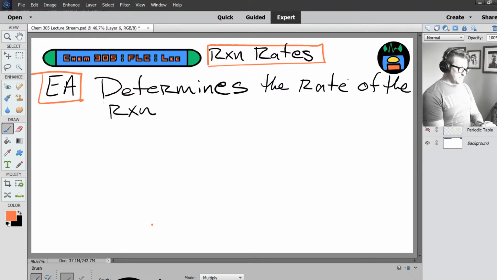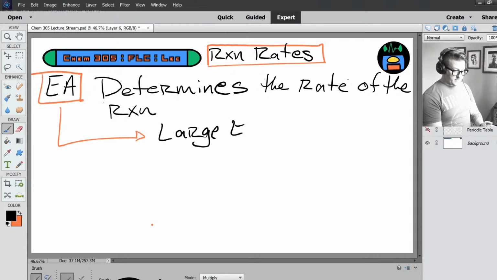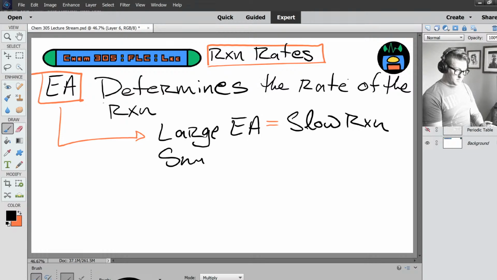All right, and large energies of activation equal slow reactions, and small energies of activation equal fast reactions.